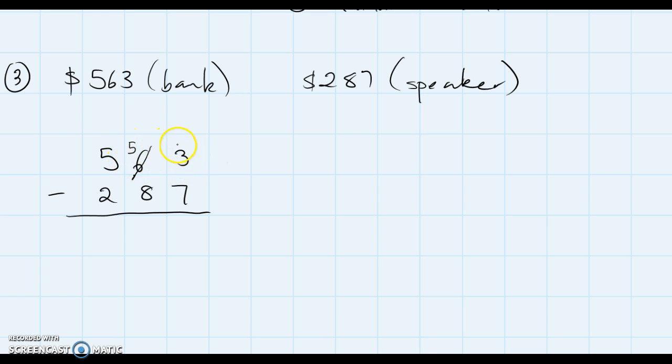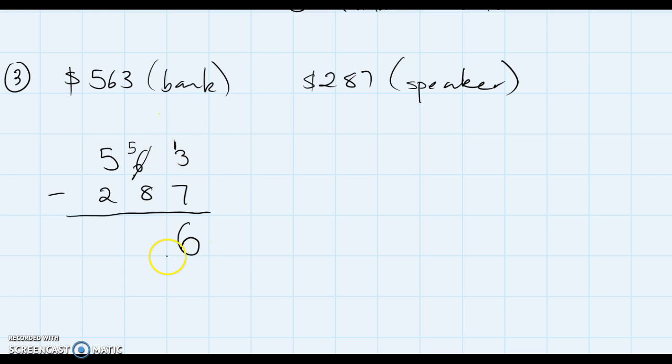And we add the 1 ten to our ones column. Now that becomes 13. 10 plus 3 is 13. Okay, so it'll be 13 take away 7 is 6. Okay, so the ones column is done.